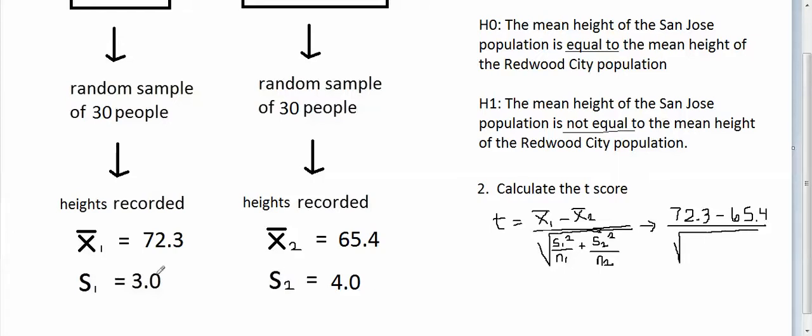Now we have to plug in the first standard deviation, S1, which goes right here. And we have to square it, so it's actually 3 squared. Underneath, for N1, we put the size of sample 1. There's 30 people in the sample 1 from San Jose, so it's 30.